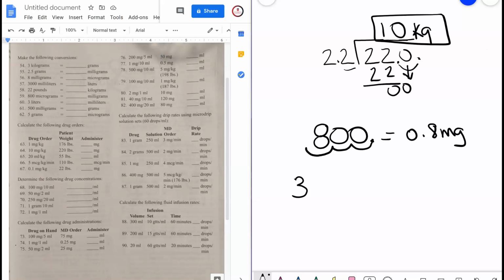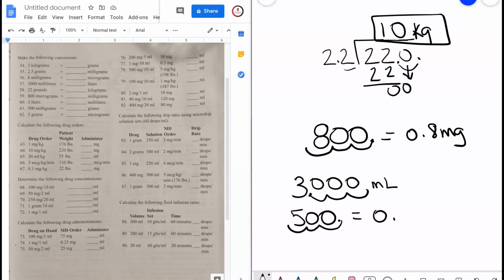It's kind of the opposite of what we had in the earlier question. So 3 liters, 1, 2, 3, is 3,000 milliliters. 500 milligrams, and you want to make it grams, you're going to go to the left. 1, 2, 3. So that's going to be 0.5 grams.